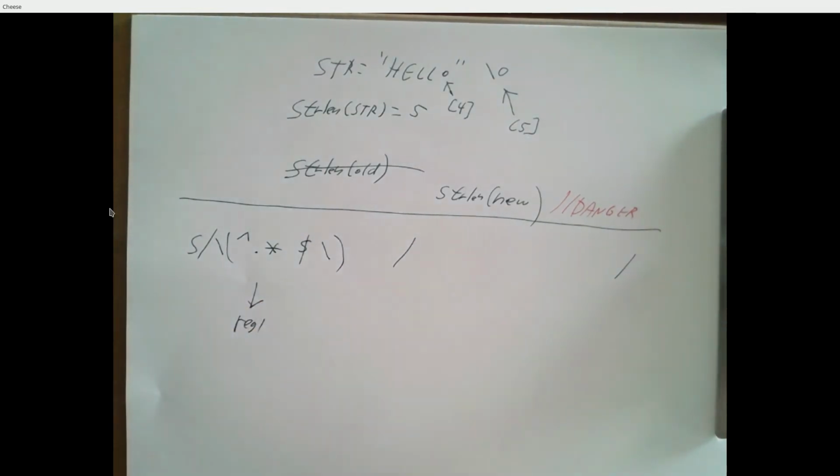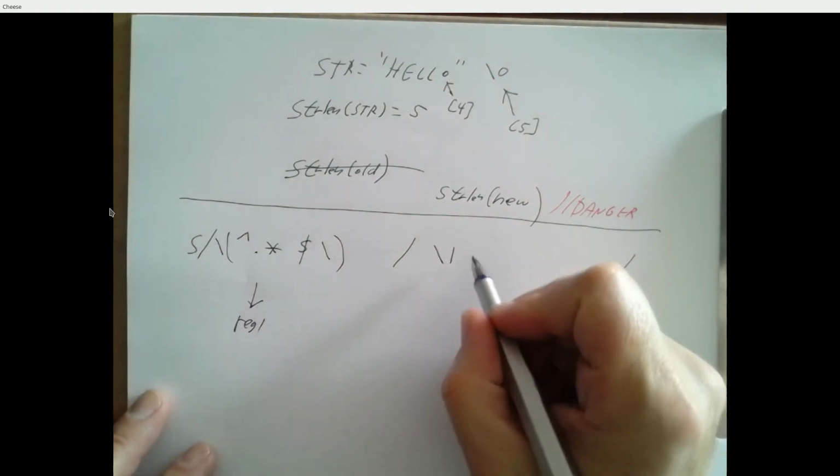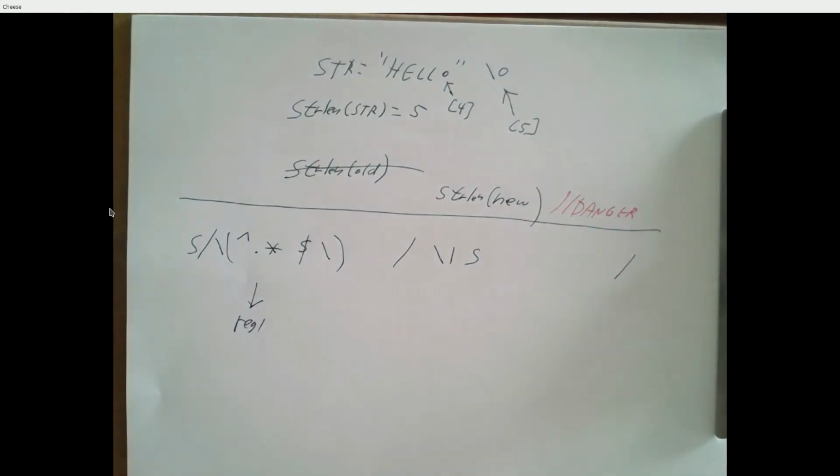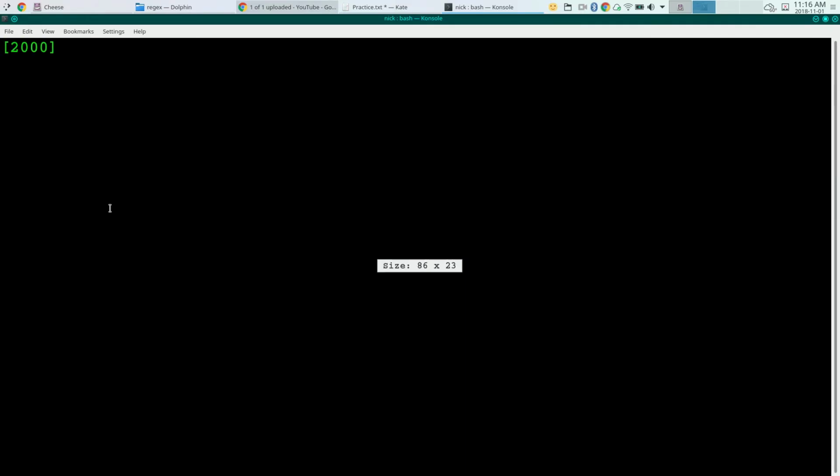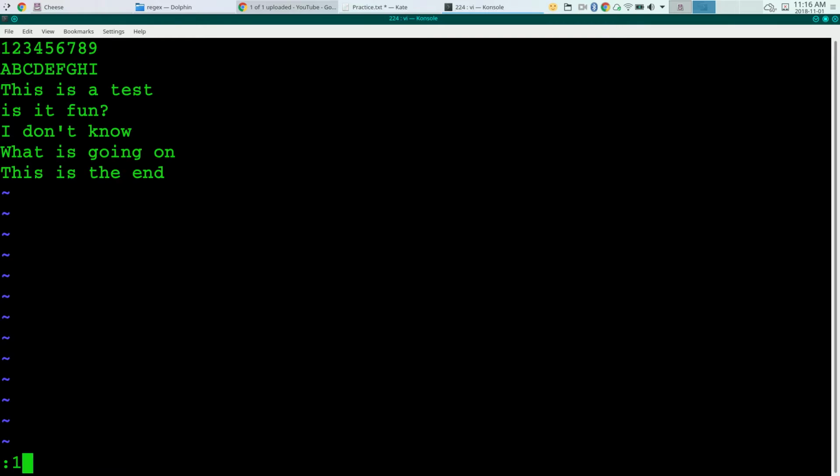So this matches the whole line, and then let's replace it with the contents of register 1 followed by an S. So that matches the entire line, and we can replace it with the entire line followed by an S, and it just throws an S on the end of everything.